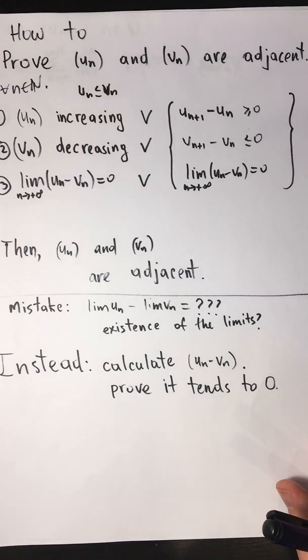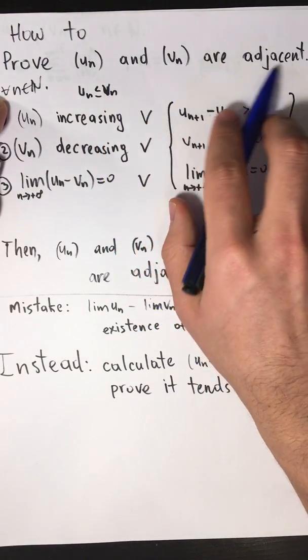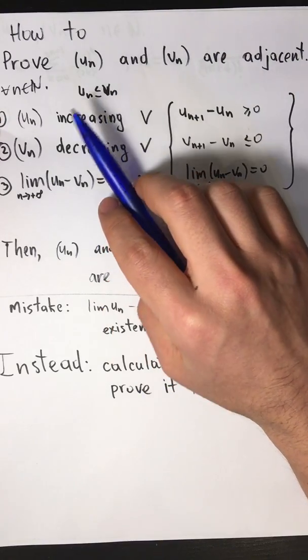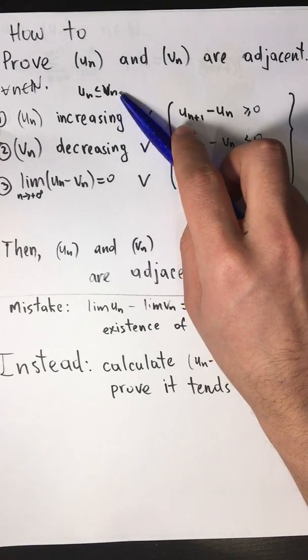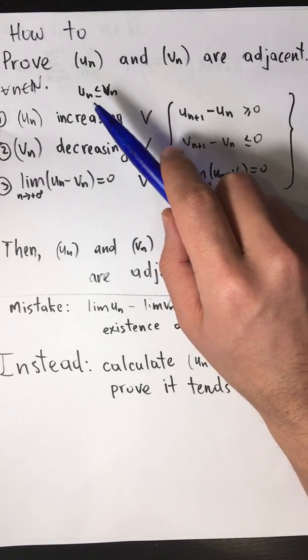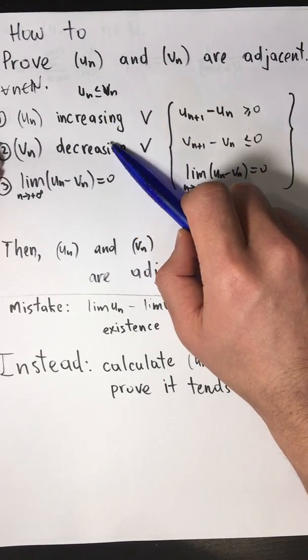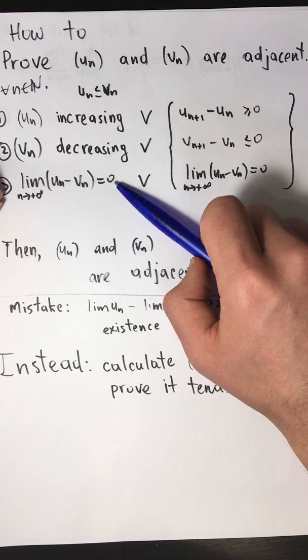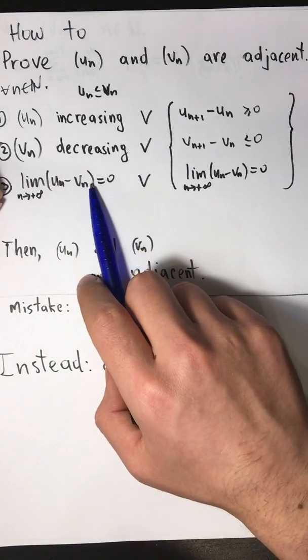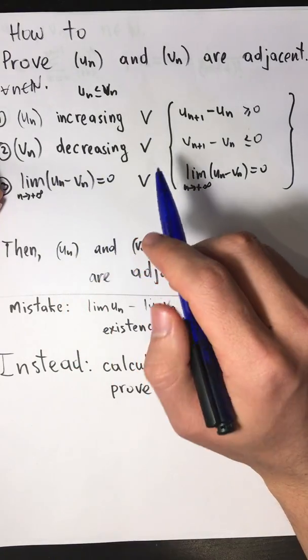And now, adjacent. If you want to prove Un and Vn are adjacent, we've got to prove the following three things. Imagine Un is less than Vn. You need to prove Un is increasing and Vn is decreasing, and the limit of Vn minus Un is equal to 0, or Un minus Vn, it doesn't matter.